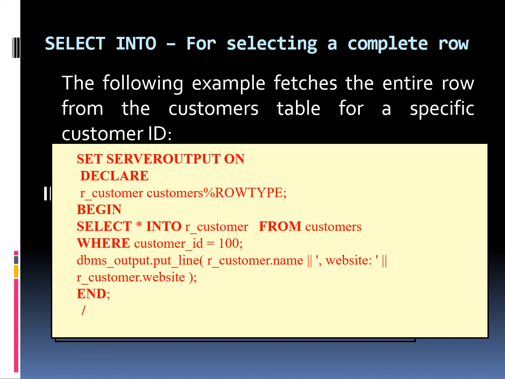In this query, for a specific customer whose ID is 100, we are retrieving all the details of the customer into this variable r_customer, and after retrieving the details we are printing the customer name and customer website in this example. So this is how we can use %ROWTYPE if we want to retrieve the entire record from a table, right?